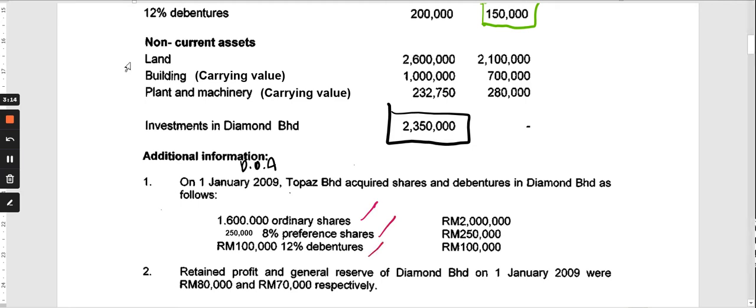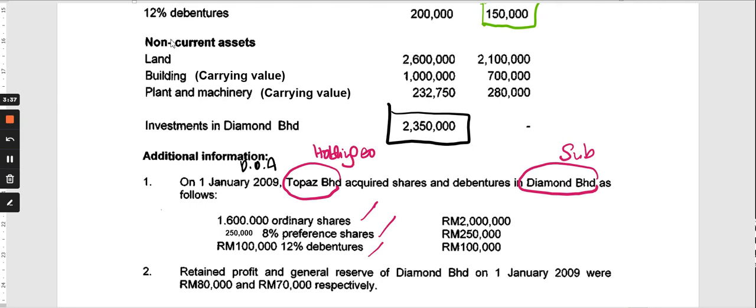The shares acquired were preference and ordinary shares, and the acquirer is Topaz, and the acquiree, becoming a subsidiary, is Diamond. So this is the subsidiary and this is the holding company.